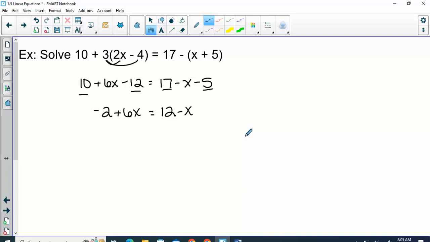Make sure you're not, sometimes I have people that try to add the 12 to both of them and make mistakes that way, but remember, you only change the sign if you're adding it to the other side of the equation. These are just on the same side, so we're just combining like terms. Now we need all of our x's on one side. So I need to add this x over, and add this 2.